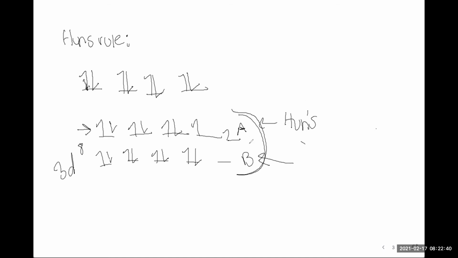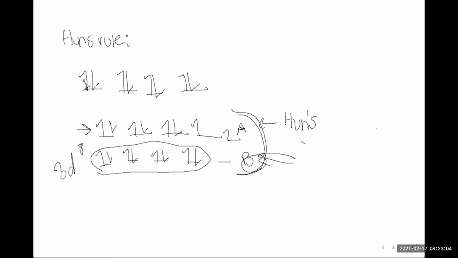So on a test, if you get a question like this, they might trick you by filling it out like B. They would be like, oh, maybe B is correct because there's still 8 electrons. However, you also have to keep in mind Hund's rule that you need to make sure that each orbital gets filled out first with 1 electron. So keep an eye out for that if you get that as a question.